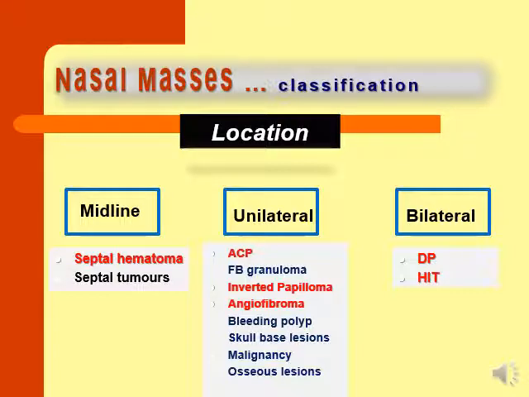Or it could arise from both sides of the nose, a bilateral lesion, such as diffuse sinonasal polyposis in the turbinates, or it could arise from one side of the nasal cavity, and this ranges from the very benign antrochoanal polyp to benign tumors, inverted papilloma, vascular tumors, angiofibromas, and then come the malignant tumors. So you can see here that the most important are the unilateral structures, because unilaterality can lead to variable structures ranging from the very benign to the very malignant.